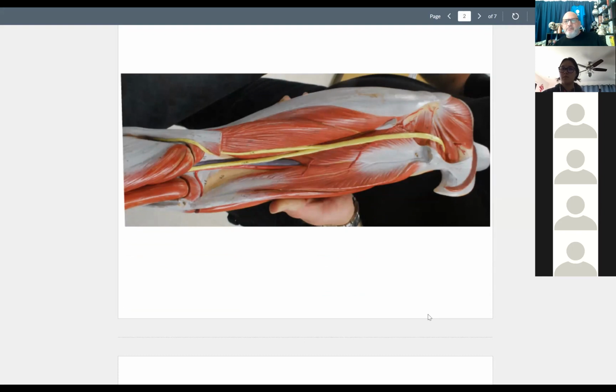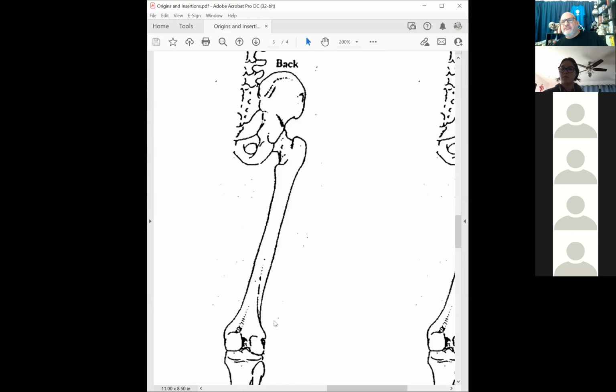All right, let's jump back here and redraw those origins and those insertions. So again, the insertion is into the head of the fibula and the lateral condyle of the tibia. We have the origin of the short head on the linea aspera and the origin of the long head here on the ischial tuberosity.